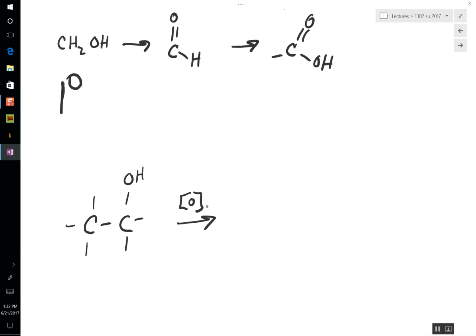Oxidize it to an aldehyde and then oxidize it to the carboxylic acid. Again, ethanol is a primary alcohol.